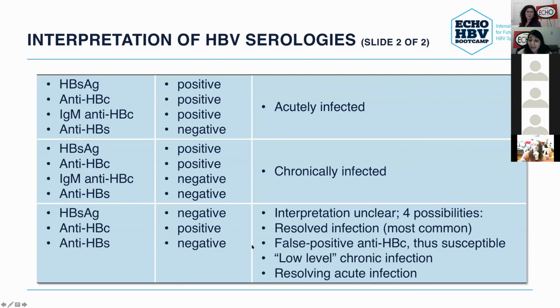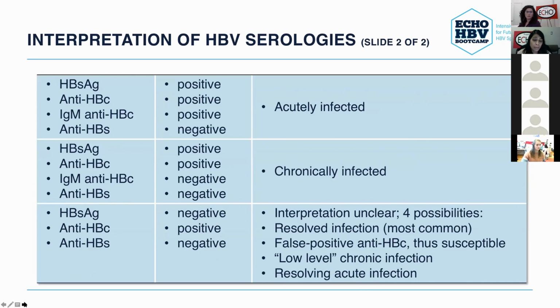So you could check your e-antigen and e-antibody status, and if either one of those is positive, you know that's somebody who's been previously infected. That person technically should be antibody positive. You can check the Hep B DNA to make sure they don't have low-level chronic infection. And then you can repeat serologies to see if they develop surface antibody over time, to see if it fits with resolving acute infection.